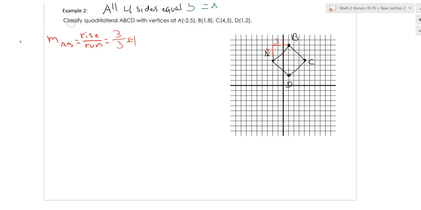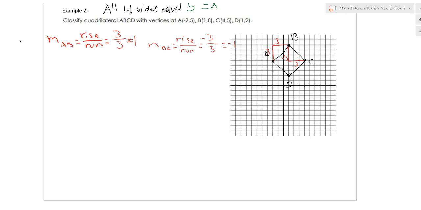Then, the slope of BC, again, is rise over run. So from B to C, I'm going to do up or down first. I'm going to go down and left. So I went down 3, right 3. So the down one is negative, but the right one is positive.